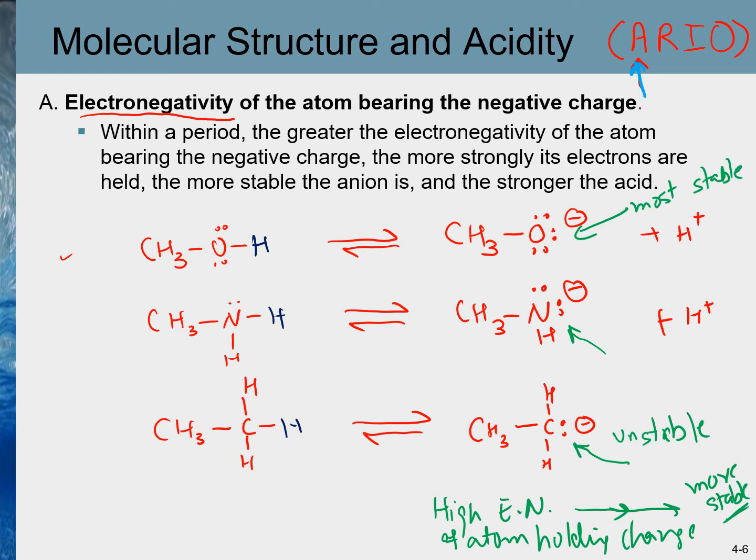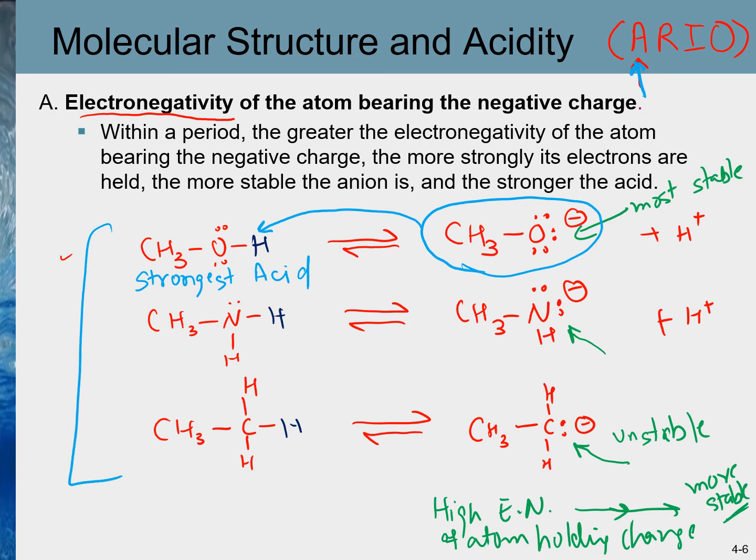So if number one conjugate base, the oxygen conjugate base, is the most stable, therefore this compound will be the strongest acid. I'm saying strongest, but I'm comparing only these three. Methanol by no means is a strong acid, but comparing these three, methanol, the first compound, is the strongest.